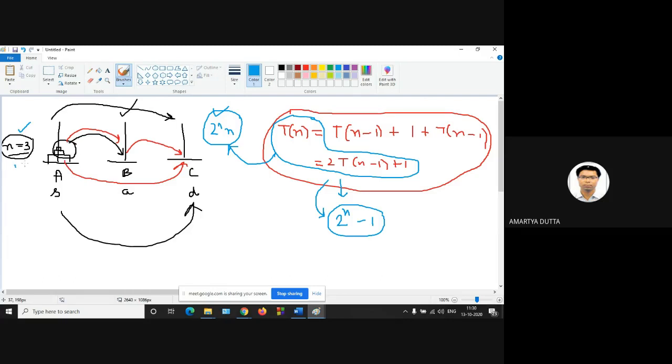Here in our example n is equal to 3. So what will be the number of movements? 2 to the power 3 minus 1, that is 7. You can try it. So 7 movements are required for moving these 3 disks from source to the destination.